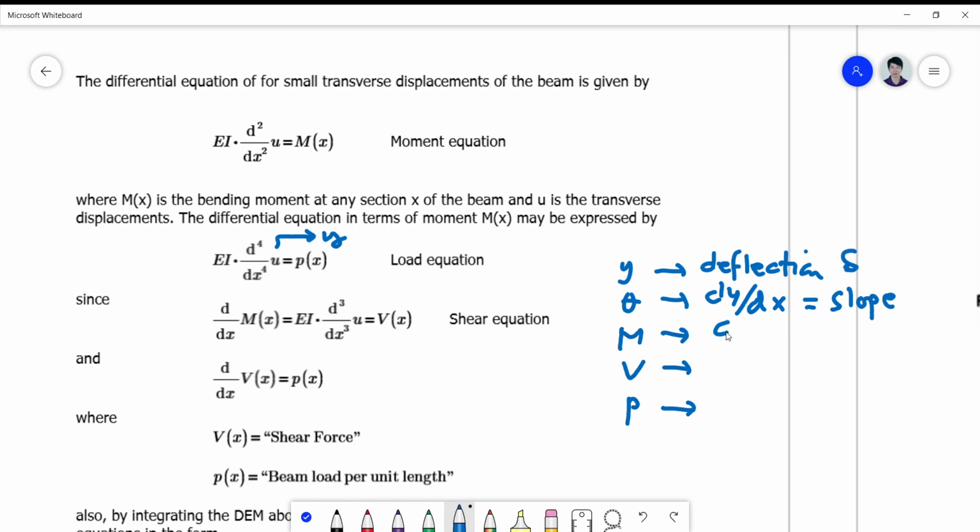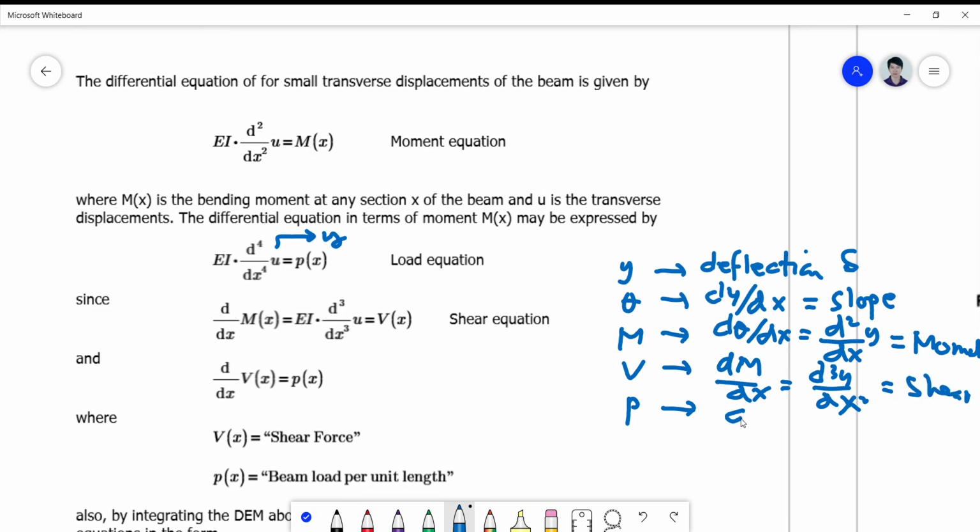And if you get d theta/dx here, or the second derivative of y with respect to x, you get the moment. So you have the moment equation, and then if you have dM/dx here, or simply the third derivative of y with respect to x, you get the shear.